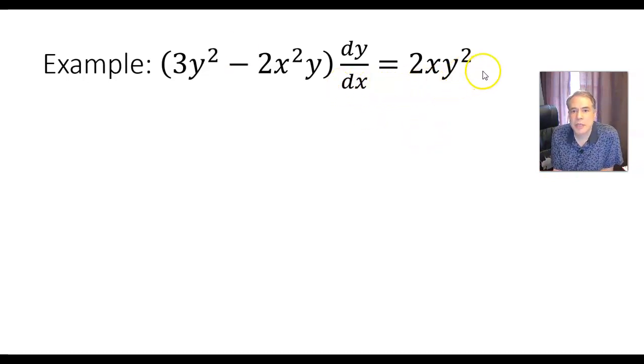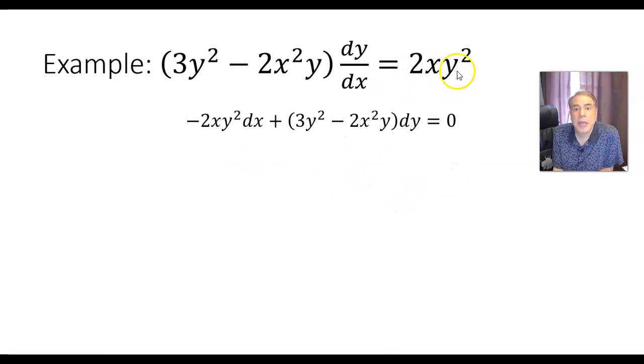Let's multiply both sides by dx, and then bring everything to the left side, with 0 on the right side, so that it becomes negative 2xy squared times dx plus the quantity 3y squared minus 2x squared y times dy equals 0. So now it's set up in that form, something times dx plus something times dy equals 0.